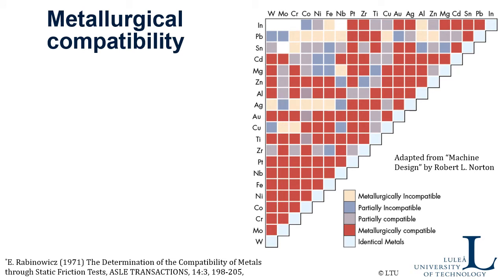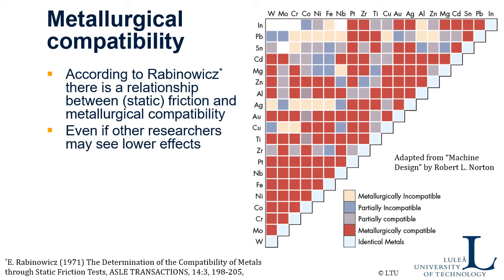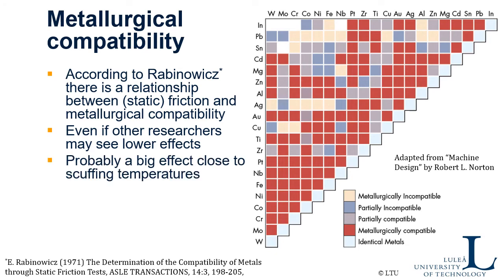Coming back to this about metallurgical compatibility. That has been a research area during the 1900s, and one famous tribologist, Rabinowicz, saw that there was a relationship between friction and metallurgical compatibility, even if other people didn't see that much.